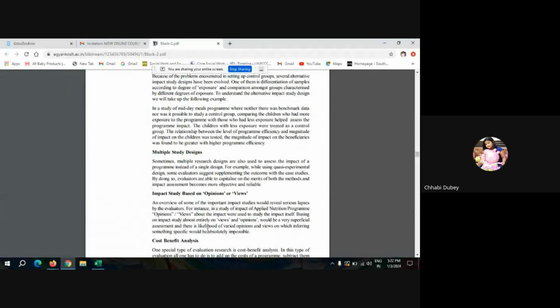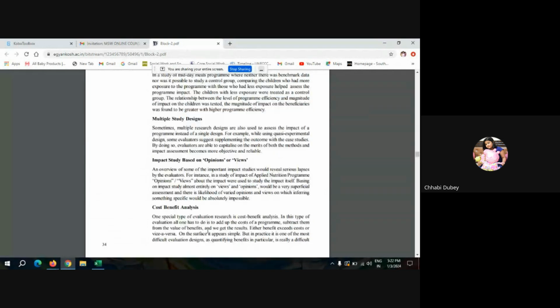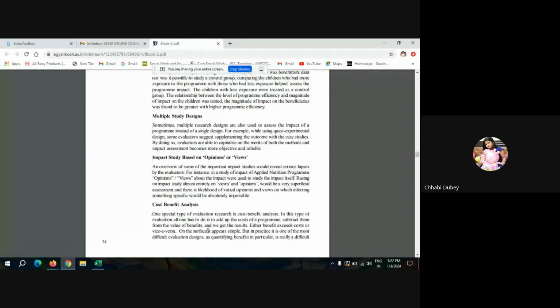Next comes what is known as cost benefit analysis. One important type of evaluation research is cost benefit analysis. In this type of evaluation, we add up all the costs of the program, subtract these costs from the value of the benefits, and then we get the result.